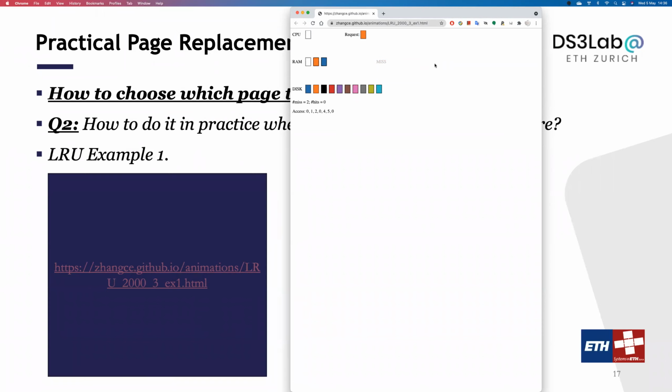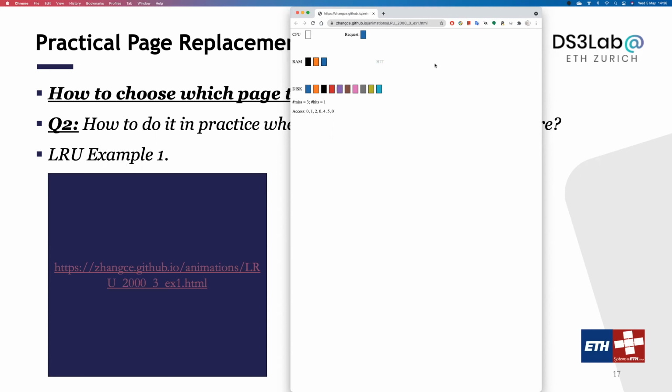Then you ask for the black one. I still have free space, so I bring it in and serve my CPU. Then if you ask for the blue one again, you have 1 hit in the buffer because it's already there. So you just do not read anymore, just serve it.